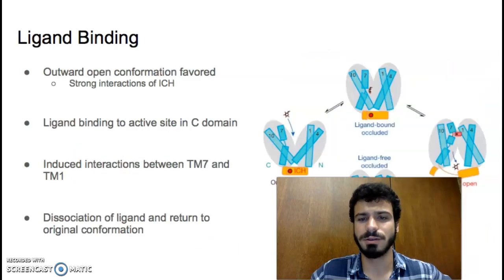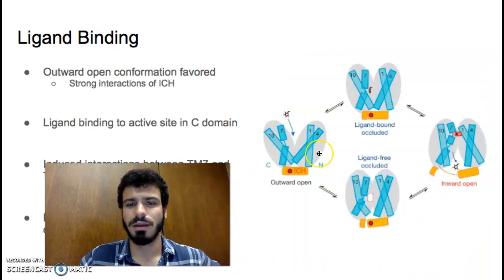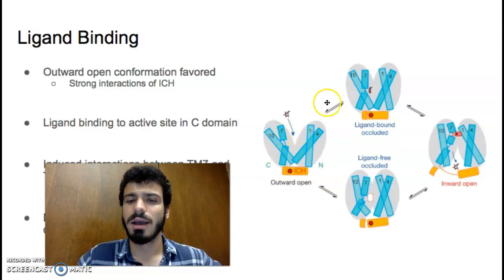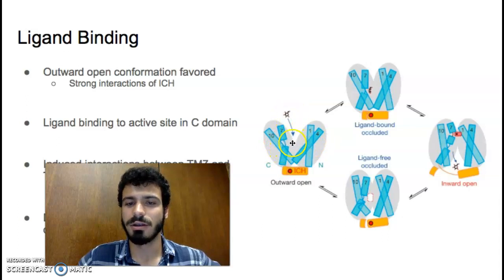As far as implications for ligand binding, here there's the outward open conformation, in which the ICH connects the N and the C domains, in the absence of the ligand. When the sugar binds to the active site here in the C domain, it induces some conformational shift in which the 7 and 1 transmembrane segments start interacting, and you have the simultaneous dissociation of the ICH domain during the secluded state.